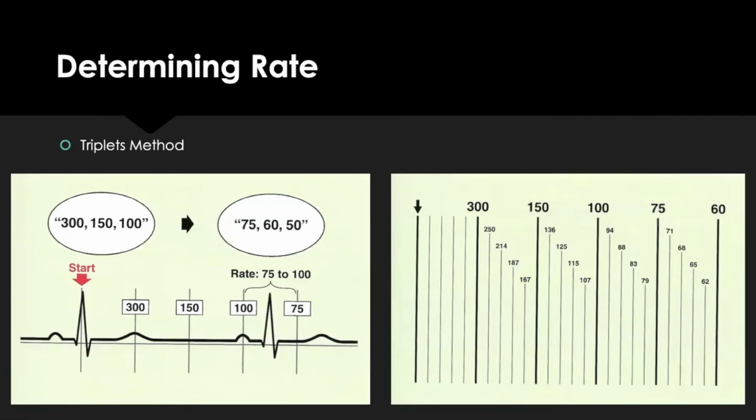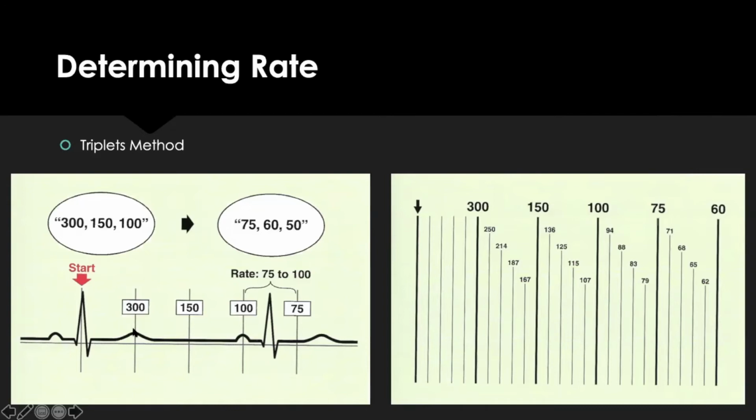The triplets method is fairly easy. You start at the R part of the QRS wave. You start preferably at one of these waves that start at the beginning of one of the big squares. So one of the big squares would start at the tip of the wave, and then you count down. Each big square is one of these numbers.